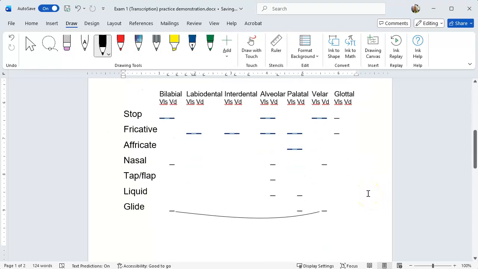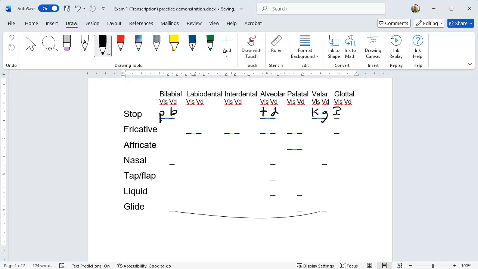In the consonant chart, we have all of our stops, P and B, T and D, K and G, which would be familiar just from spelling, as well as the glottal stop that we'll talk about in the third unit.